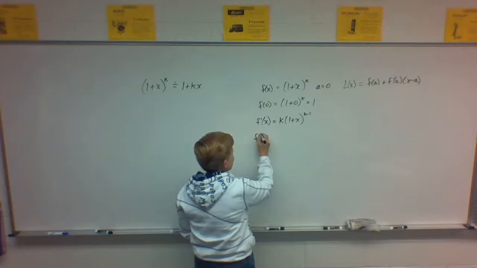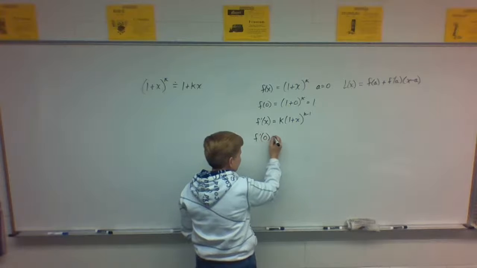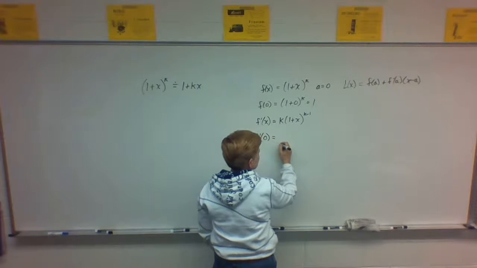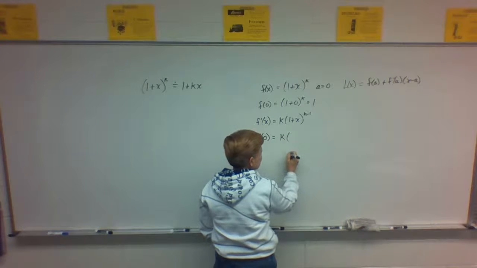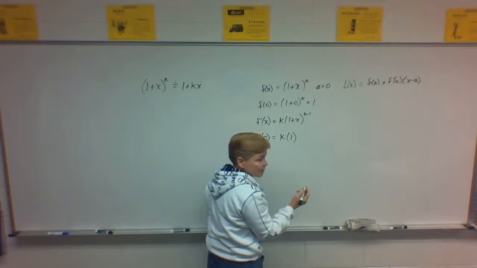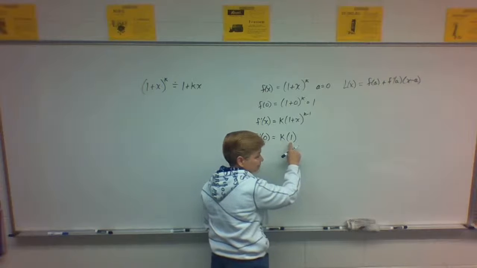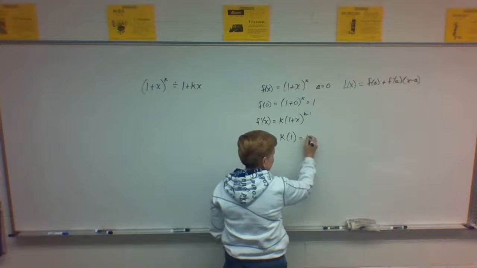What is f prime of a? It's k times 1. If x is 0, I don't care what the exponent turned into, 1 raised to it is 1. Yep, so it is k.